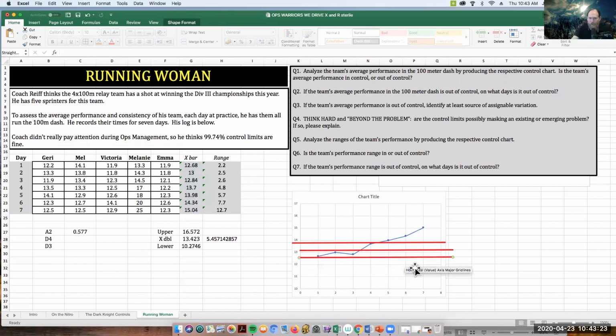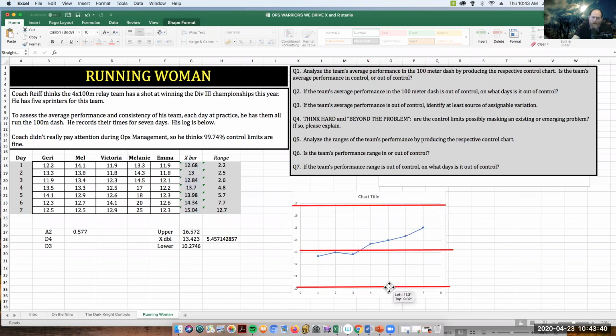And so right away, he would be able to see, whoa, wait a minute, we are out of control here. So that's really what Q4 is about. Based on the control limits that coach set, the process is in control. But when we look at this, this kind of performance is not going to win the Division III championships. There is no flipping way.